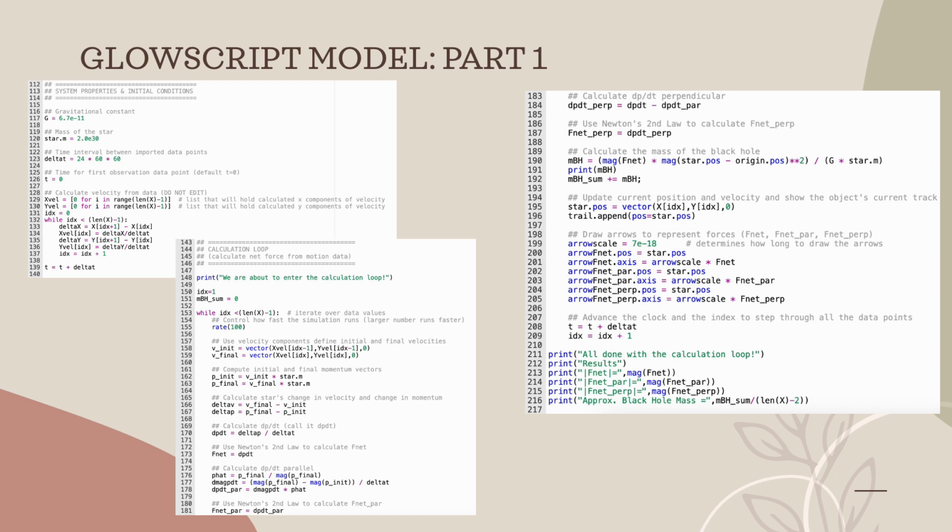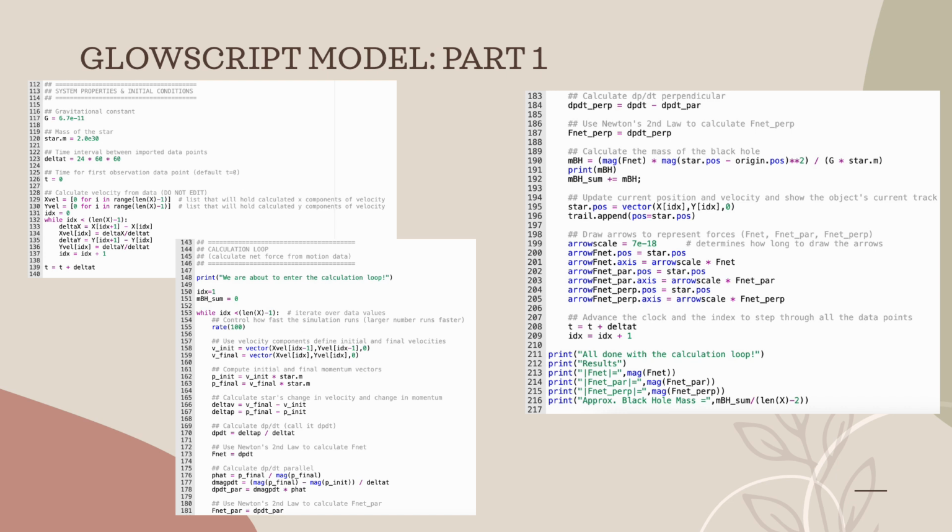So here's my GlowScript model for part one, and as you can see, we use the gravitational constant and the mass of the star, which we input up there, and then filled out all of this code to create equations for initial and final velocity and then initial and final momentum vectors. And then we calculated dp dt and used Newton's second law to calculate F net.